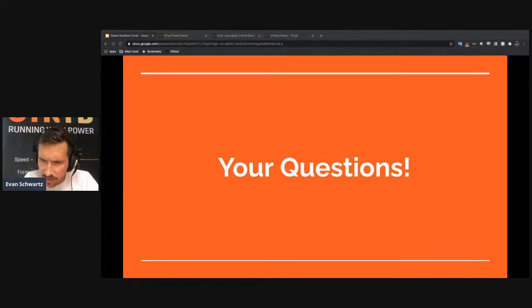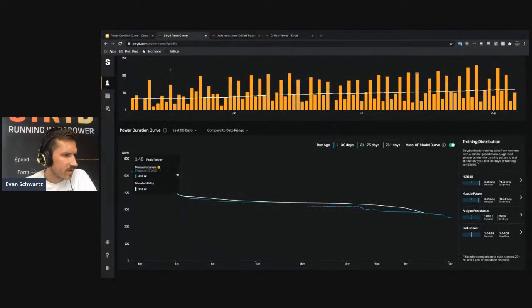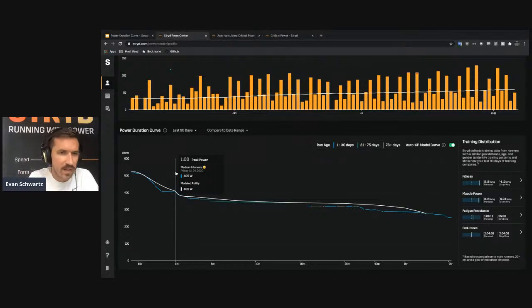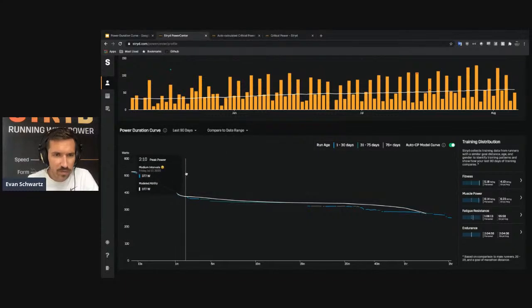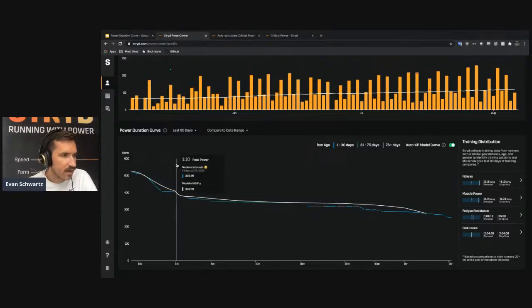Next question is: can you describe the usual inflection in the model curve at around 1 minute to 2 minutes? Sure, I can do that. For me specifically, a lot of us are distance runners, and we might not be as good at the short efforts versus efforts that are a little bit longer. Between 1 to 2 minutes, we have this dip here, and this is also a scaling thing.